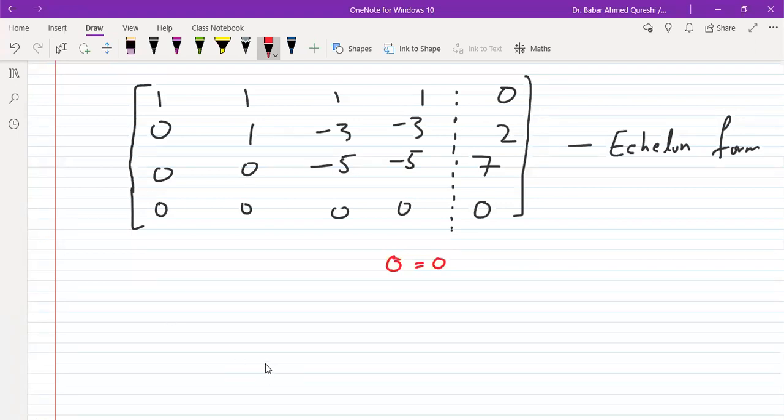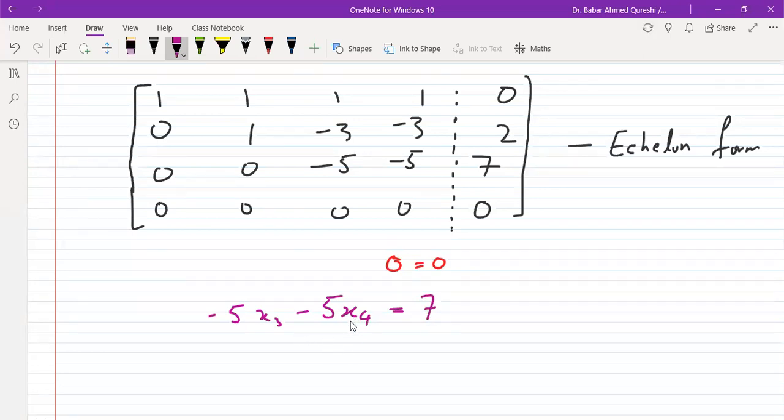So you can start from your last equation, which says -5 x3 -5 x4 is equal to 7.